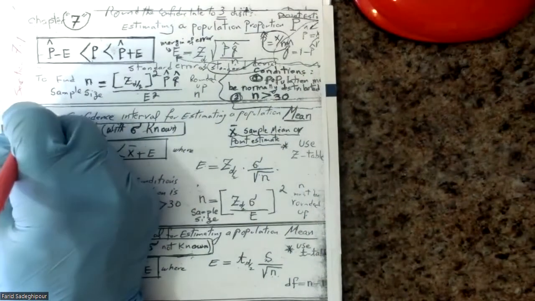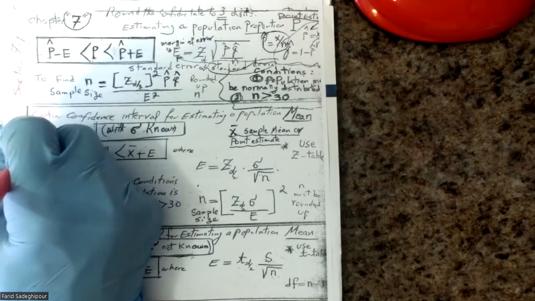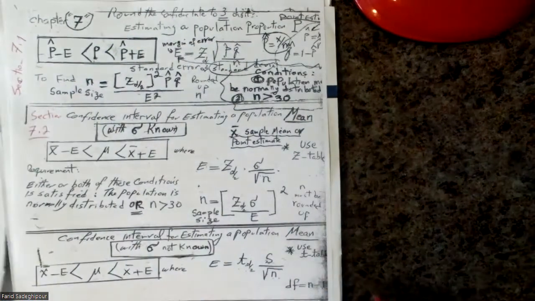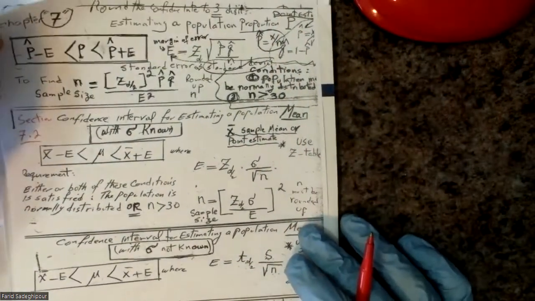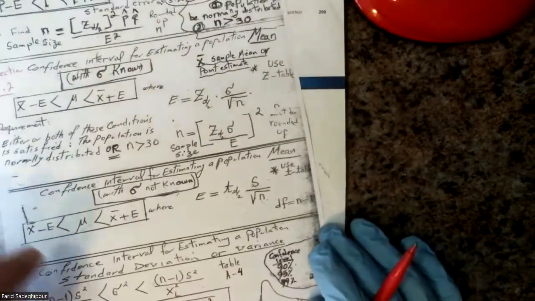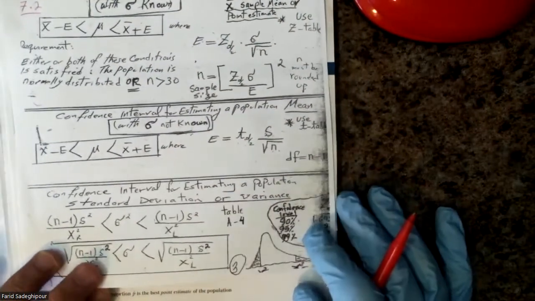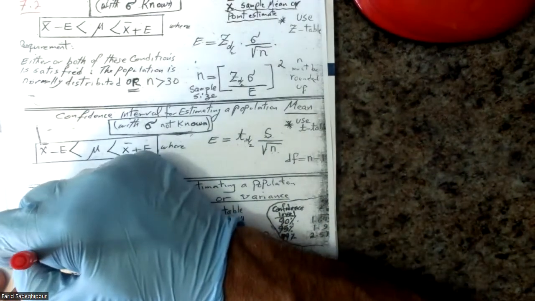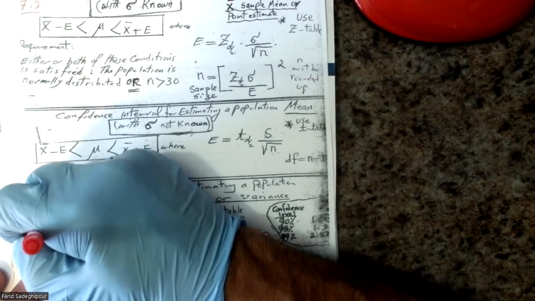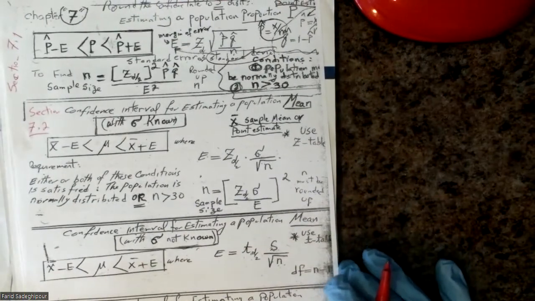For Section 7.2, we are using the formula for the mean. And Section 7.3 is for standard deviations. So this is a summary of all the formulas that you need to know for those sections.